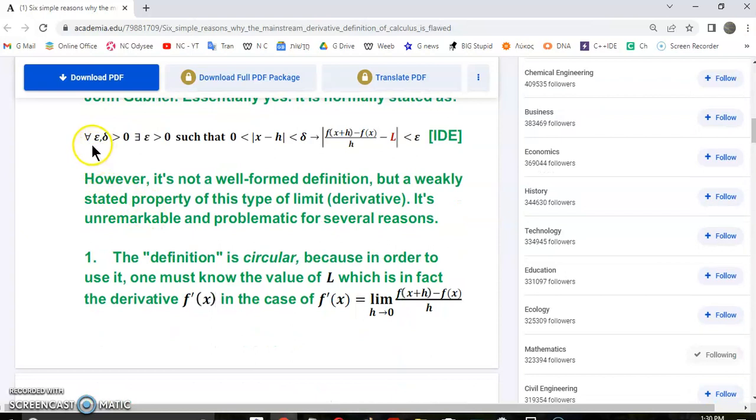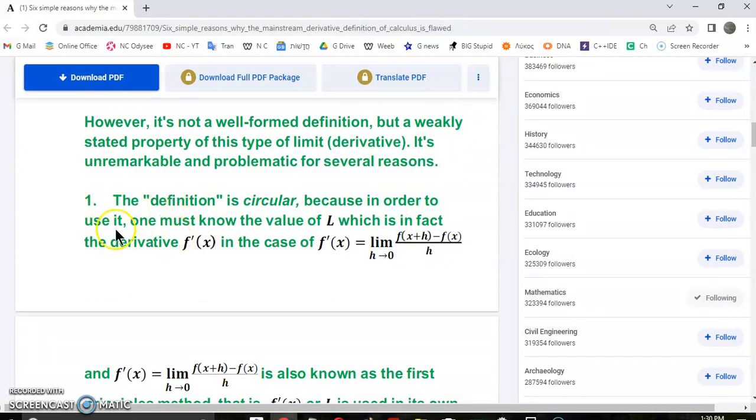It's normally stated in first order logic as for all epsilon greater than 0, there exists a delta greater than 0, such that if the absolute value of this difference, x and h, is less than delta, this implies that this difference is less than epsilon, okay? And this is the main definition.